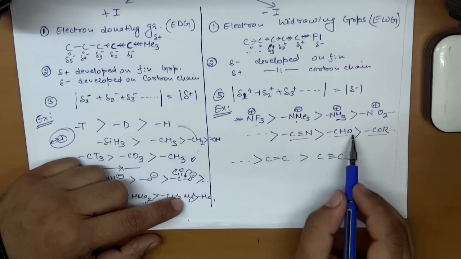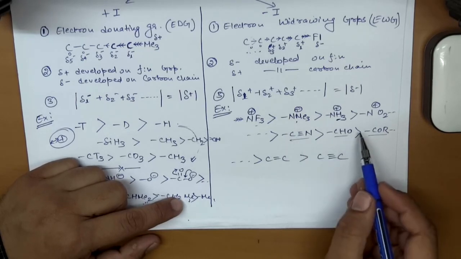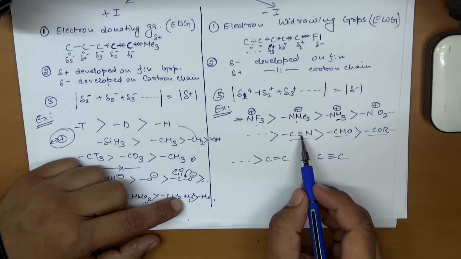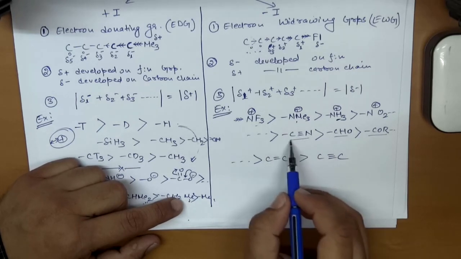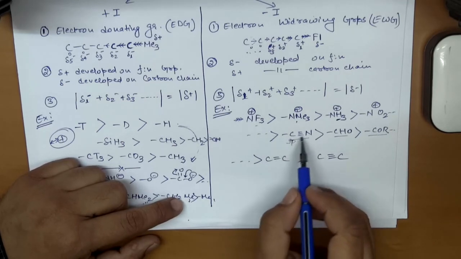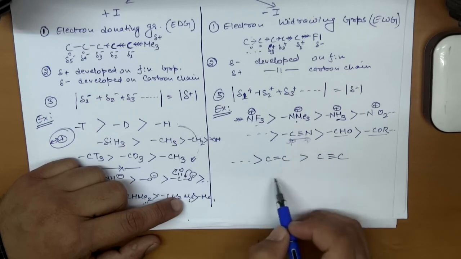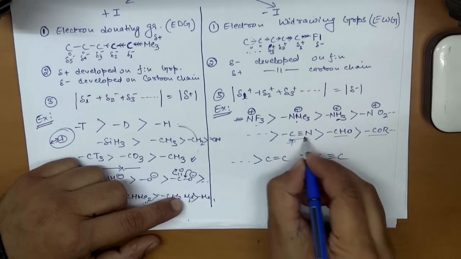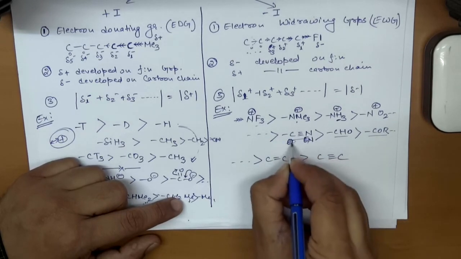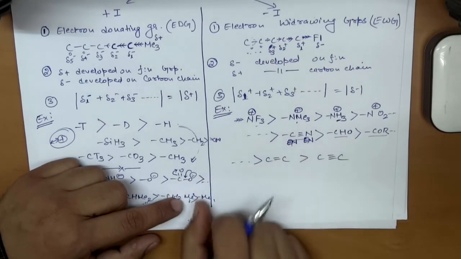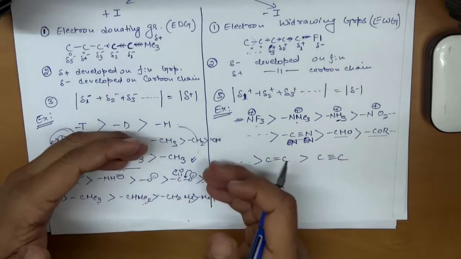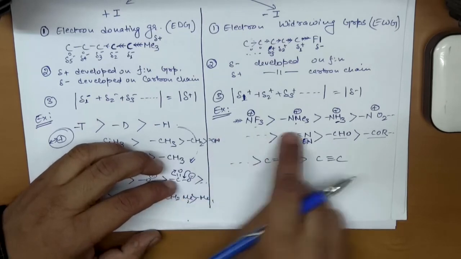Now cyanide is even better than CHO, because nitrogen obviously has 3 bonds, and 3 bonds have more electronegativity. This is an sp carbon, and sp carbon has more electronegativity, and nitrogen is also an electronegative atom. So they both are taking electrons in a very satisfactory manner from the carbon chain.